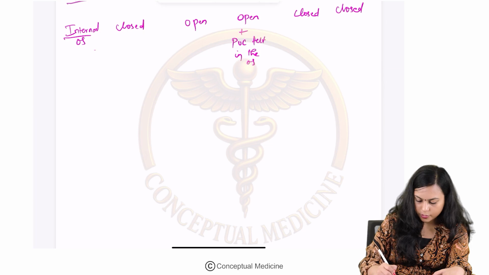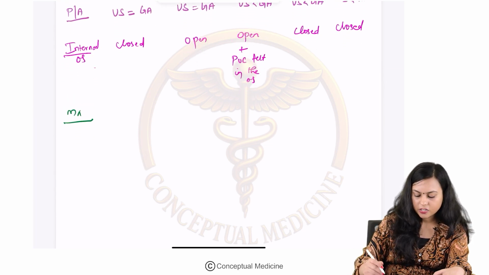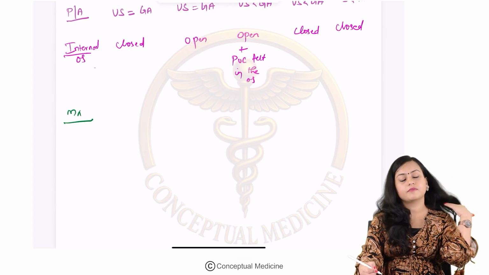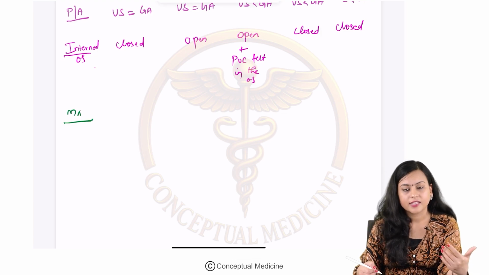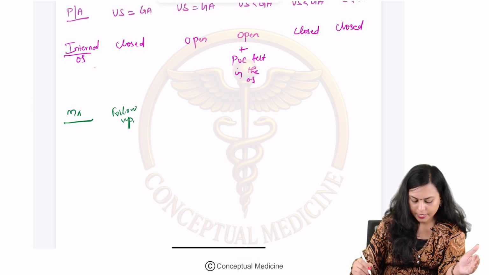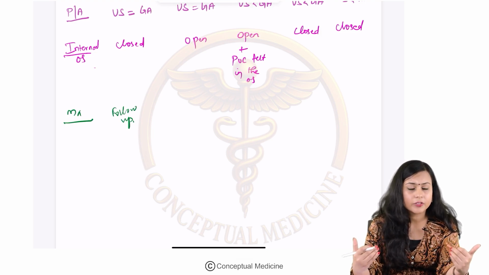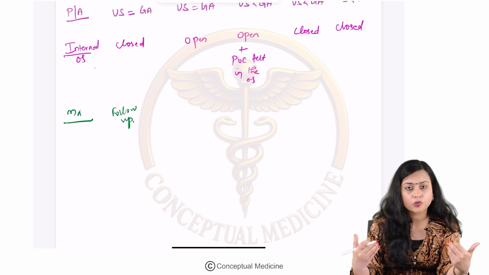And usually, what is the management we are going to give? In threatened miscarriage, as I have already told you, we are going to observe for one day and advise some regular things like coitus has to be avoided, bed rest is not that much needed, and only follow-up is needed. In inevitable miscarriage, it is already inevitable, and as I told you, there is nothing that we can do to stop the miscarriage.